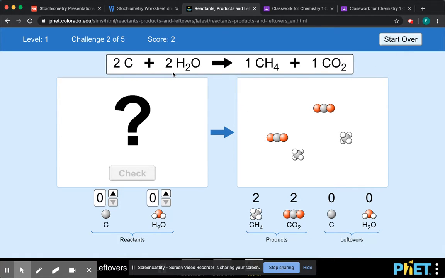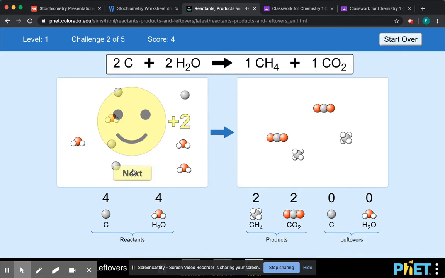If 2 carbons and 2 waters makes one of each, then we need to double how much we have. We need 4 carbons and we need 4 waters, and that'll make 2 of these. And we have nothing left over, so this should be correct. And it is. So that's the idea I wanted you to get out of it.